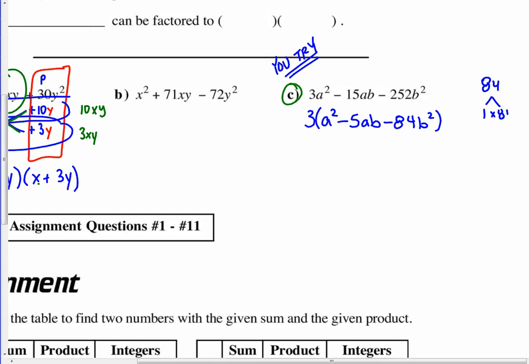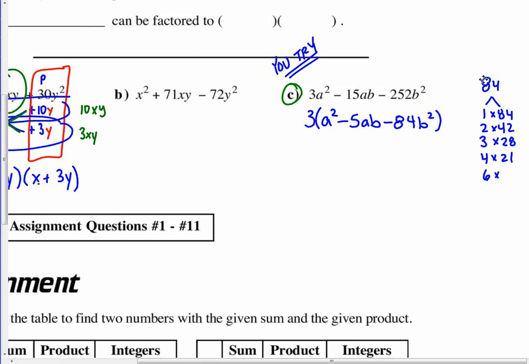1 times 84, 2 times 42, 3 times 28, 4 times 21. 5 won't go in. 6 will, because 3 and 2 both go in.